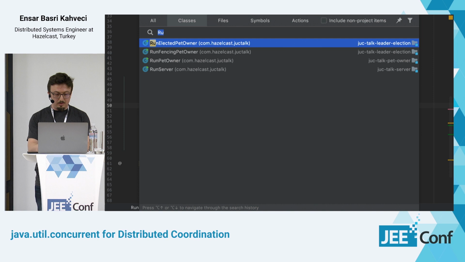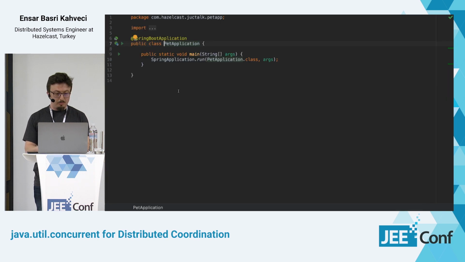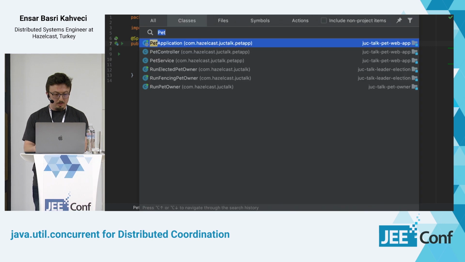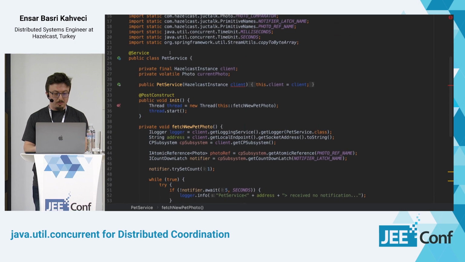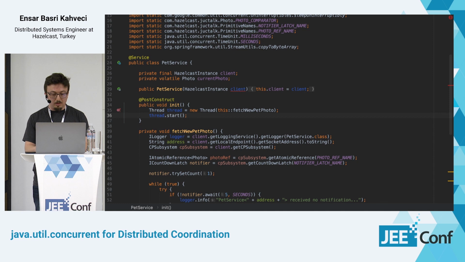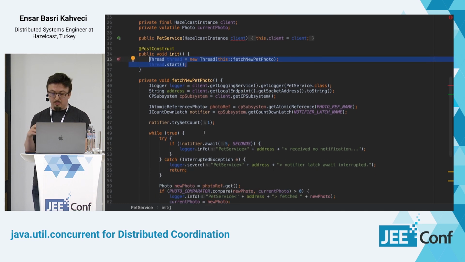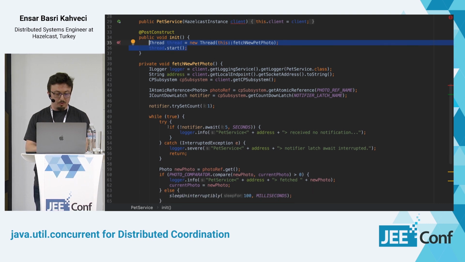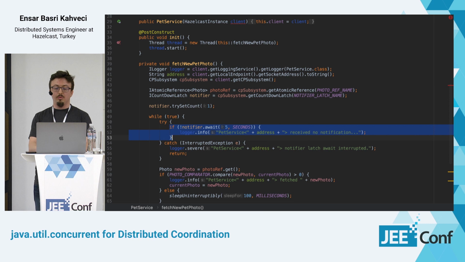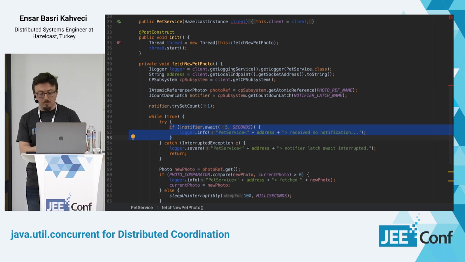So let's see the other side. This is my web application. It's a very basic Spring Boot application, actually. And here is the service class for that. Here I'm starting a background thread, and this thread is doing exactly the reverse of what we are doing in the pet owner. First, I'm awaiting on this latch with a timeout.